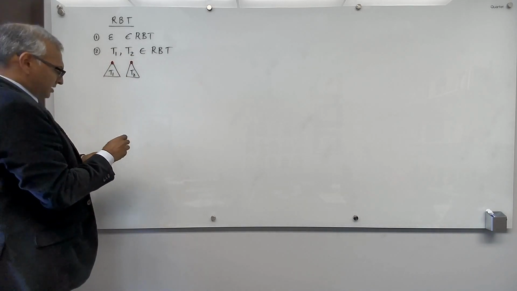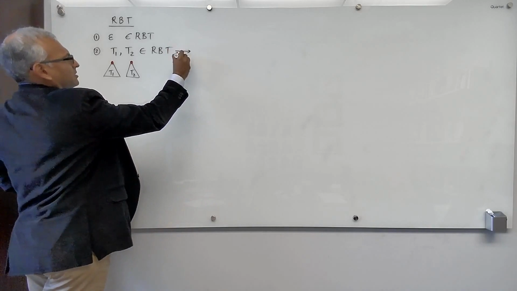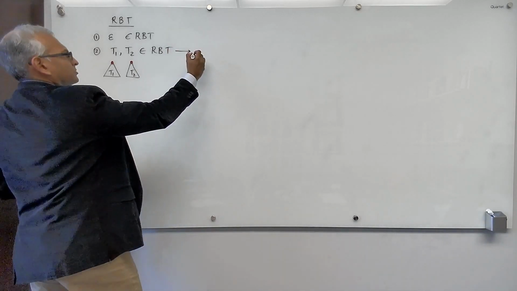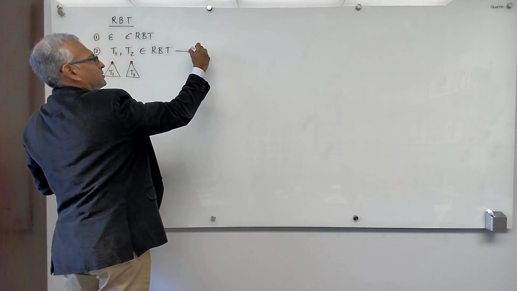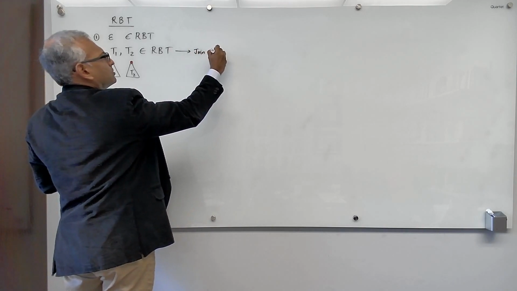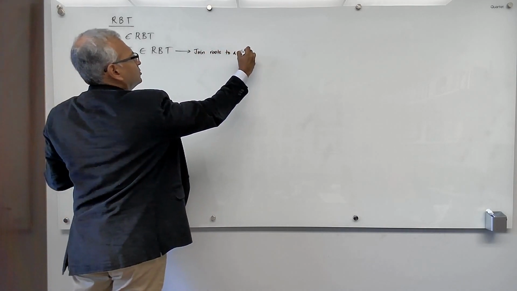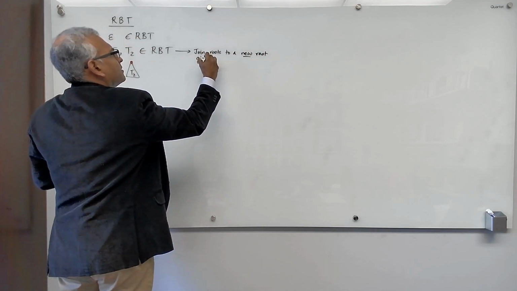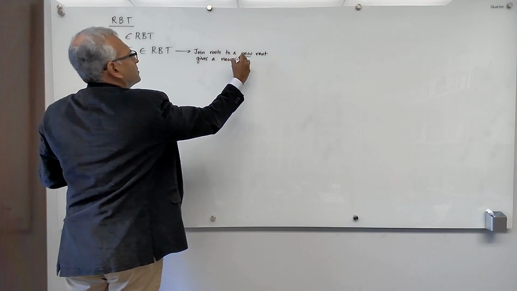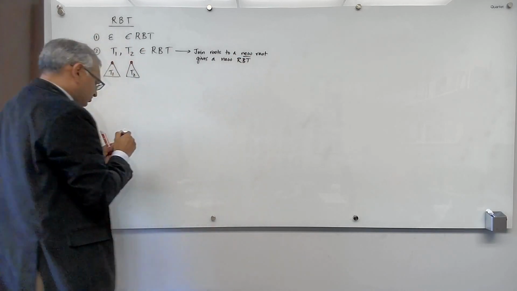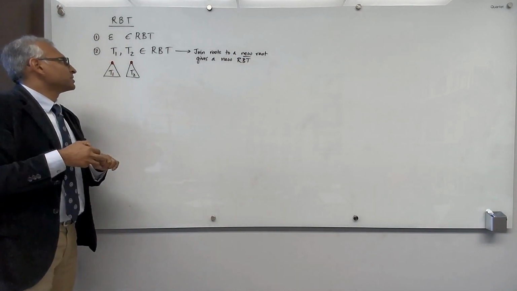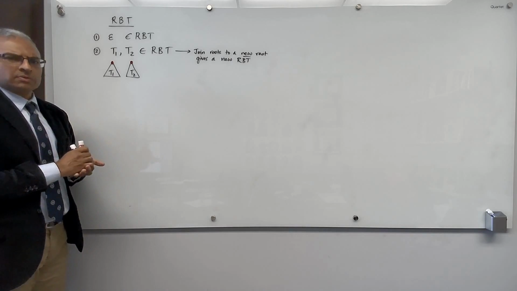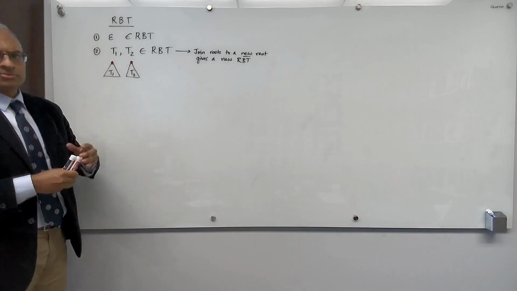Then when you join the roots to a new root, it gives a new RBT. Now, it's important that when I say T1 and T2 are rooted binary trees, what we really mean is that they're disjoint rooted binary trees.